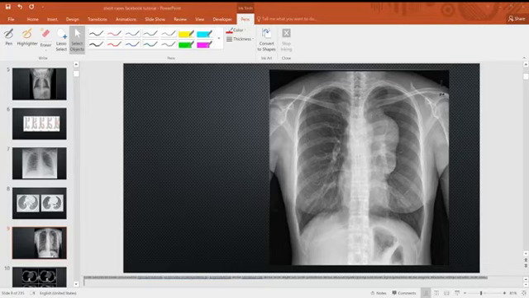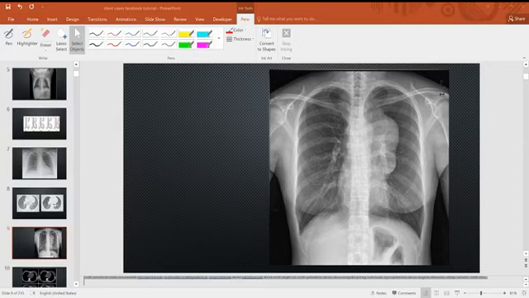Anyone? Someone said anterior, why anterior? Nobody. You are a radiologist, no need to take the lateral chest X-ray. You should use the radiological signs to localize the mass.